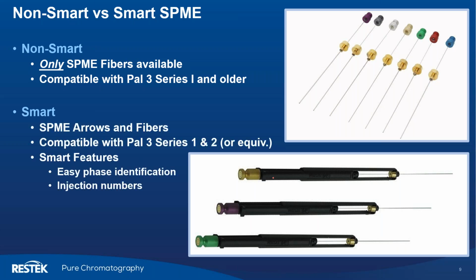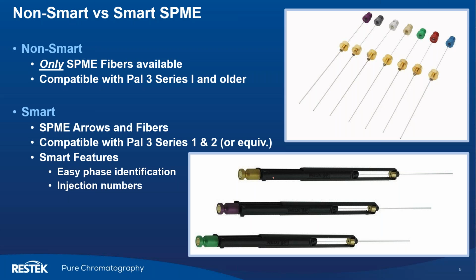For smart devices, we only offer SPME arrows in the smart option. Fibers are also available in the smart option. However, you do not need a smart SPME fiber if you are using a PAL XT or PAL 3 Series 1, as I mentioned above.